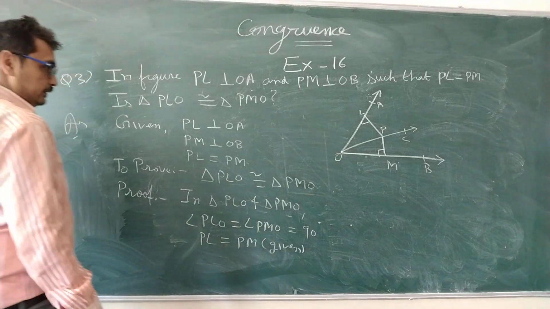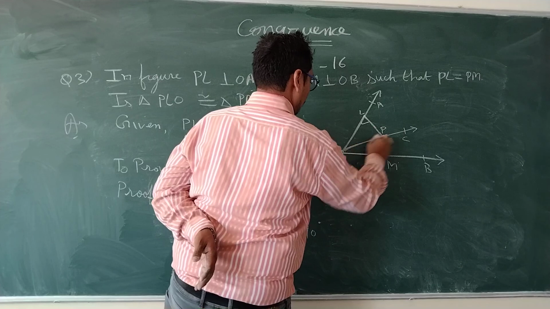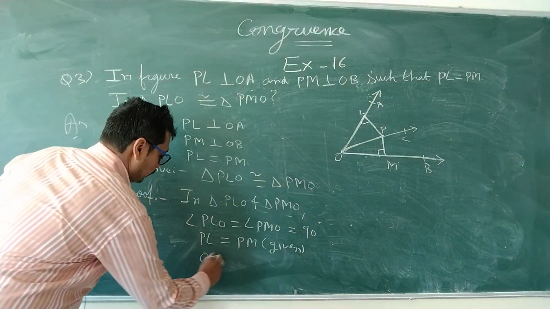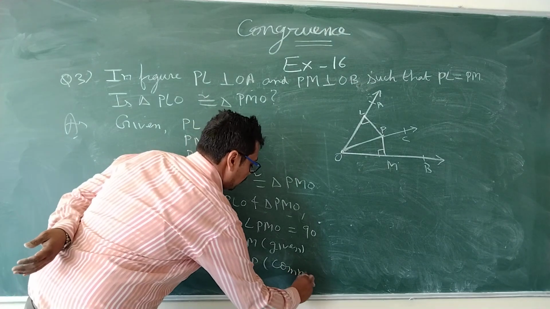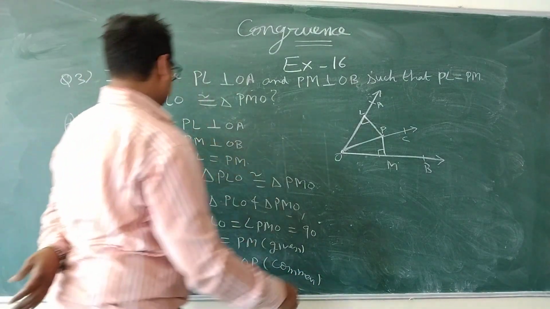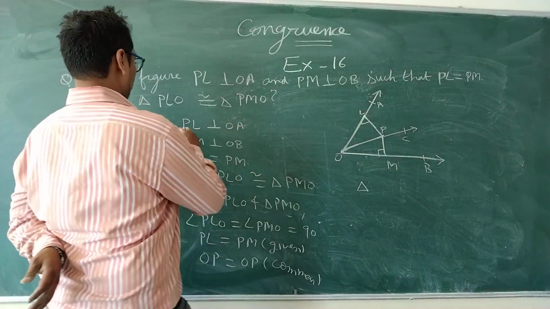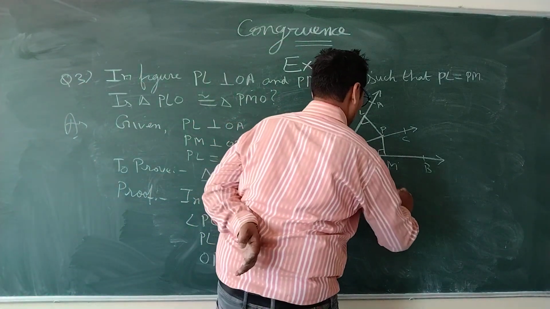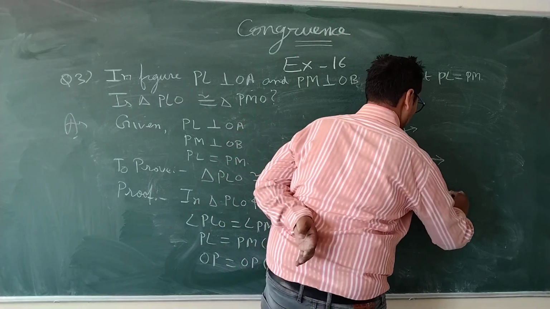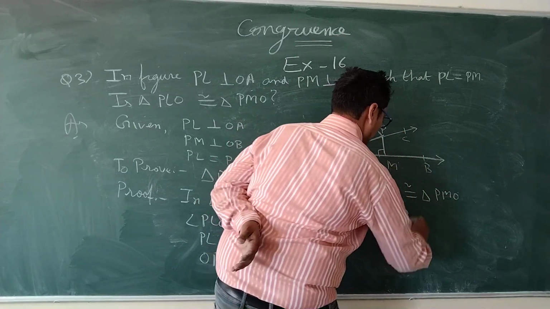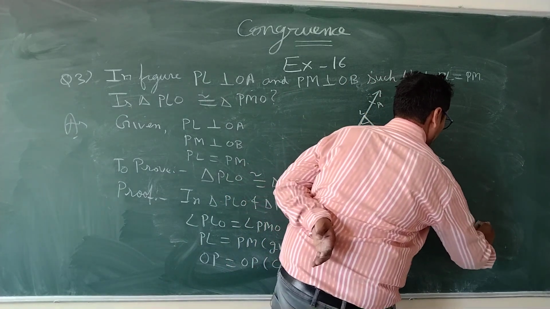And here you can see in both triangles OP is common side. OP is equal to OP, which is common. So we can say triangle PLO is congruent to triangle PMO by RHS congruency.